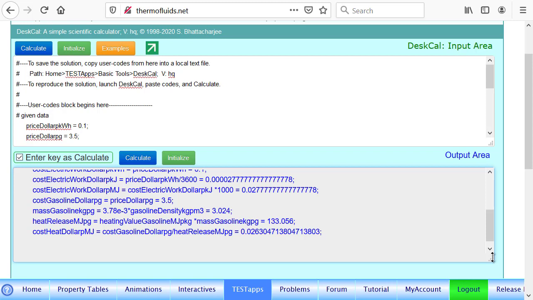Anyways, this is just a practical example, but it will give you an idea that if you buy gasoline and try to make electricity, you can never compete with this utility price of 27 cents a million joule when you buy gasoline heat at 26 cents a million joule.